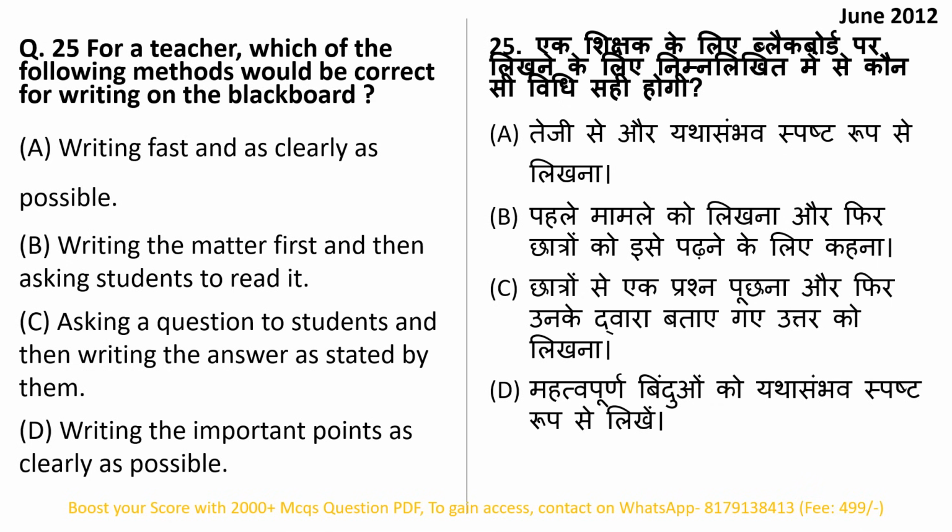So the question is asking which method is correct for writing on the blackboard. What should be followed while writing on the blackboard? The right answer is option D, writing the important points. The teacher should not write everything on the blackboard, only the important points, and it should be clear. That means the student should be able to read it, the points should be legible.